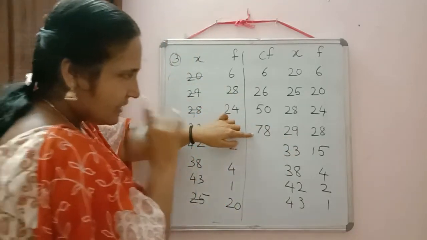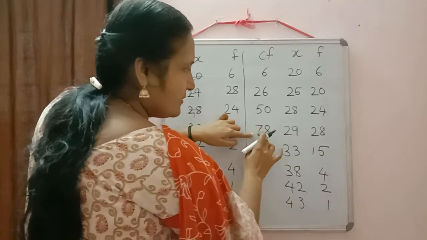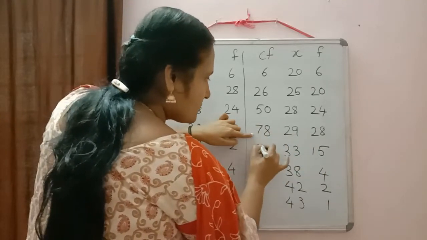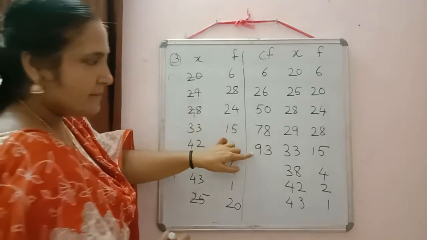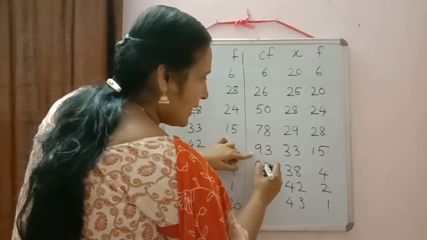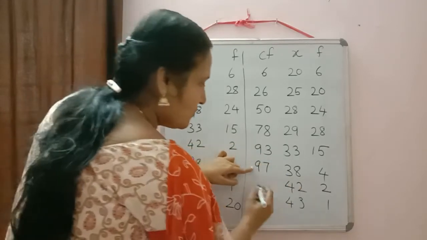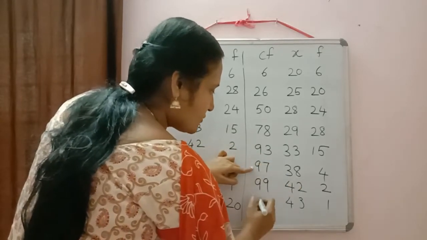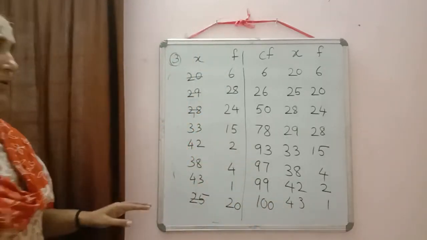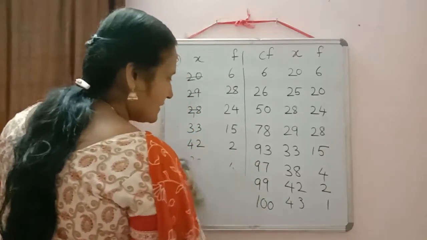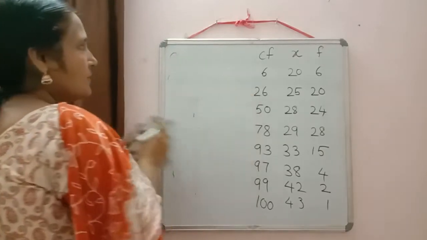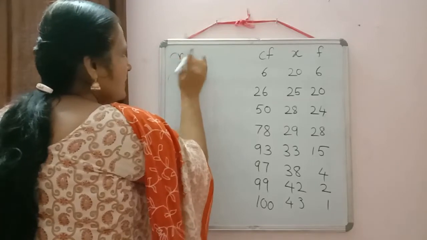Then 78 plus 15: 8 plus 5 is 13, carry over 1, 7 plus 1 is 8, plus 1 is 9, so 93. 93 plus 4 is 97, plus 2 is 99, plus 1 is 100. So we are getting n is equal to 100, the sum of all the frequencies, which we get at last.